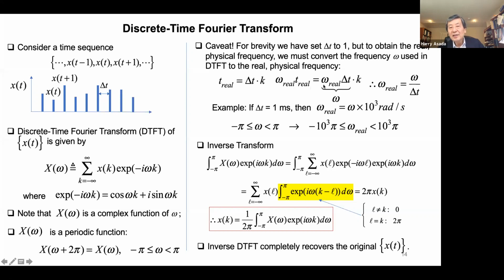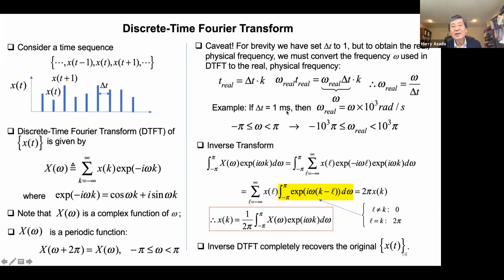In this case, we use a time scale based on the sampling interval delta t, so the time index is k. The part corresponding to this time index k is omega. So omega real equals omega over delta t.